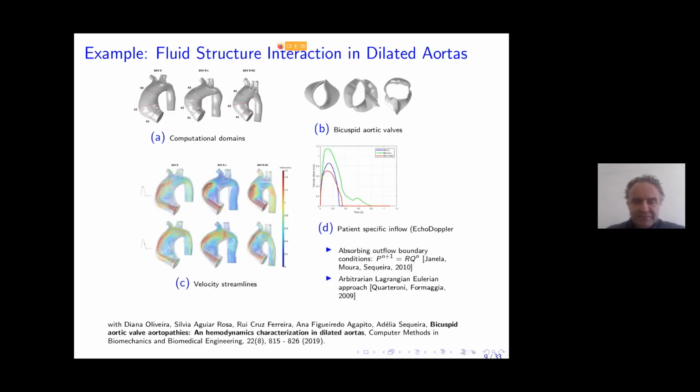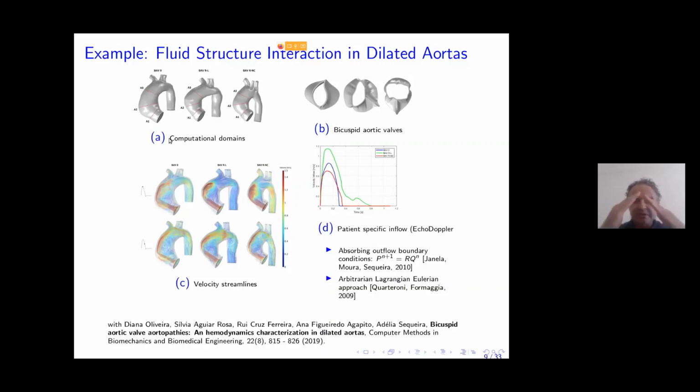So the first application that I wanted to mention came up from contacts with cardiologists from Santa Marta Hospital in Lisbon. Dr. Sílvia Aguiar Rosa was interested in having more detailed knowledge of some aortas with the pathology that I mentioned at the beginning, the bicuspid aortic valve.